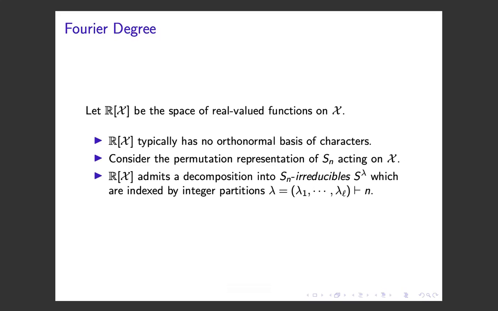We won't have time to talk about representation theory whatsoever, really, in this talk. If you're unfamiliar with irreducible representations, for this talk it suffices to think of them as canonical vector spaces that are invariant under the action of the symmetric group and can't be decomposed further.